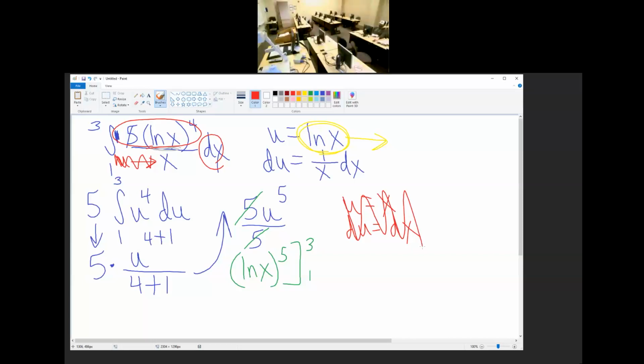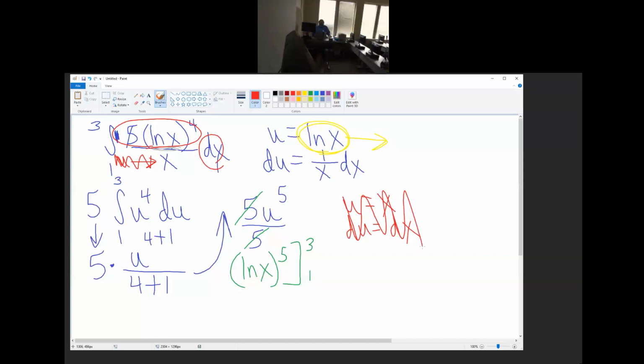Also, viewing examples does help. I mentioned that before in a previous video. It helps you master how to pick the right u for substituting. But you'll definitely see right away if you pick the wrong u, because then your problem is going to get more difficult.